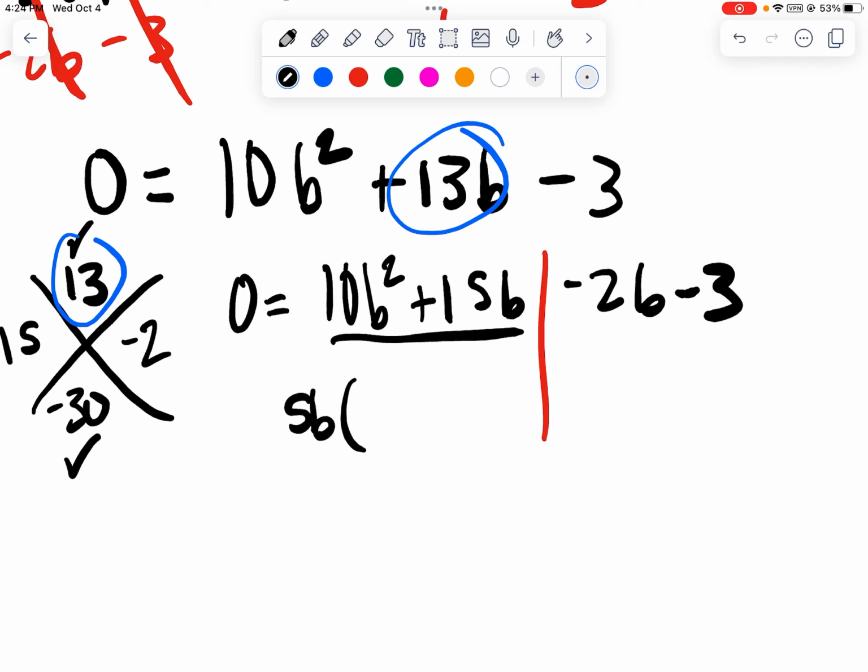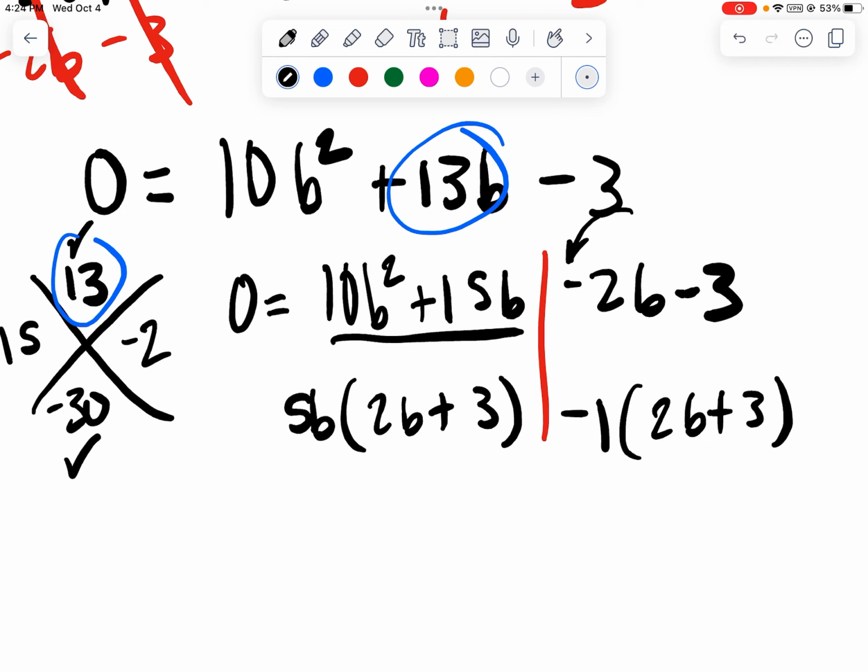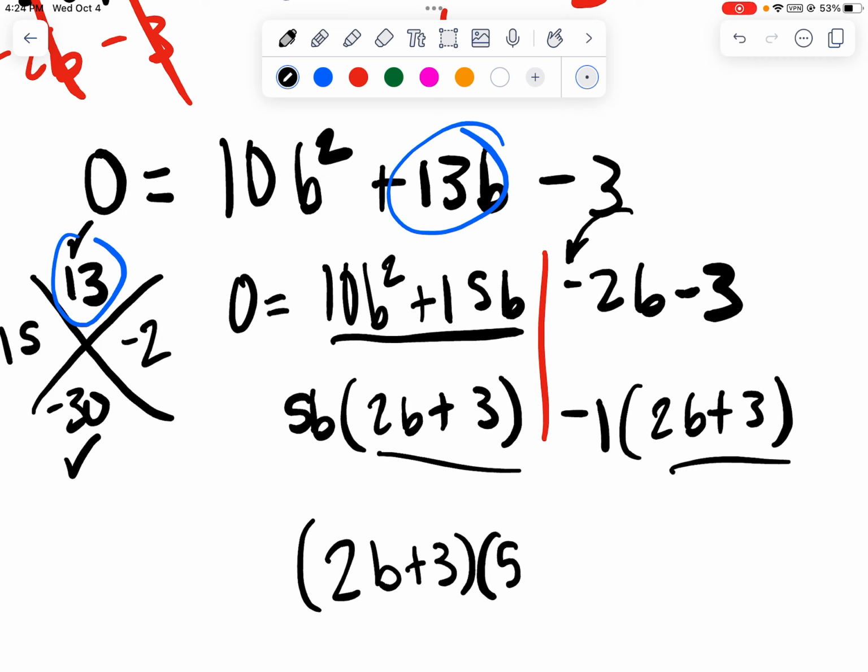When we take that out, we'll have 2b plus 3 left behind. The right side: the first term's negative, so I'll pull out a negative, but there's nothing more than a 1 in common, so I'll just switch the signs: minus 2b plus 3. The parentheses match, so we're going to factor them out like we would any GCF. 2b plus 3, and a 5b minus 1 is left behind.